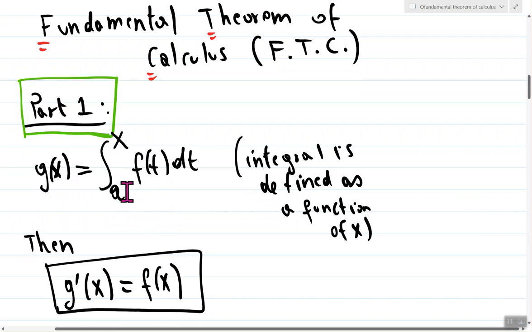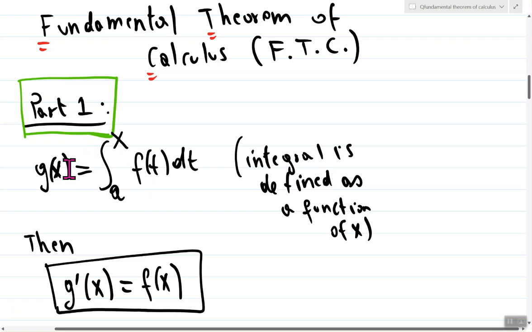So you're differentiating an integral. The function is g of x equals the integral from a to x of f of t dt. So this integral is a function of x, so we call it g of x.